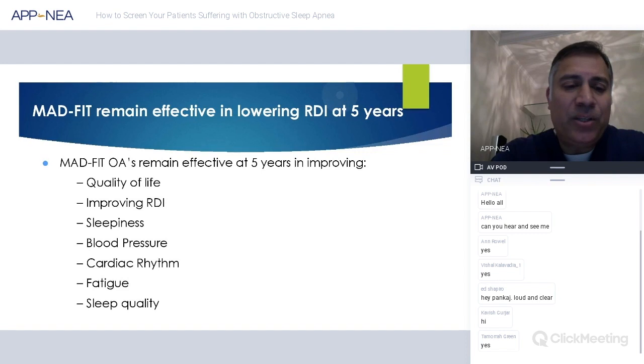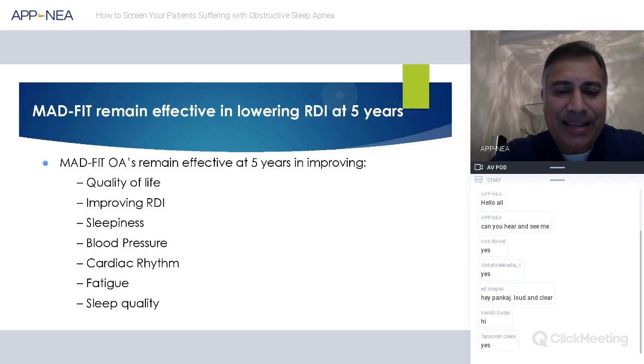And it's interesting, as soon as you start to treat sleep apnea and manage it the correct way, a lot of times the comorbidities that were once a result of untreated sleep apnea start to disappear or lessen in severity.